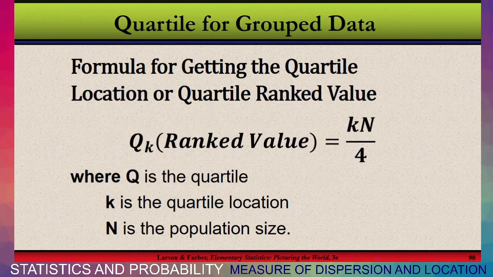Ganun pa rin naman yung process natin. Pinagkaiba lang, since yung ating given ay naka-frequency distribution table, meron tayong mga steps na pwede nating i-derive dun sa median for group data na dinidiscuss natin dati. Ito muna yung kukunin natin, si rank value, bago natin makuha si quartile.